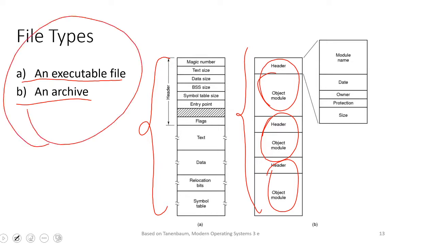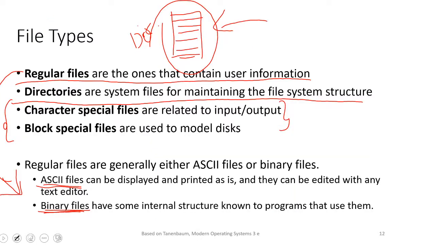Again, these are still going to be regular types of files within an operating system. So these are the main 4 categories of files, and inside those 4 categories, we can take the regular files, and they can fall into a number of subcategories.